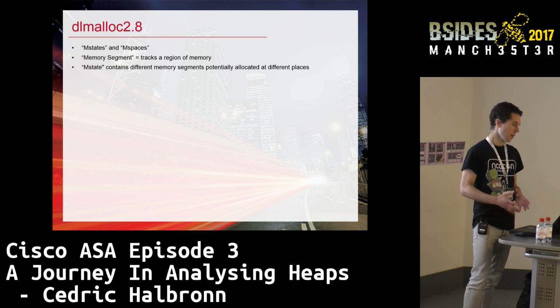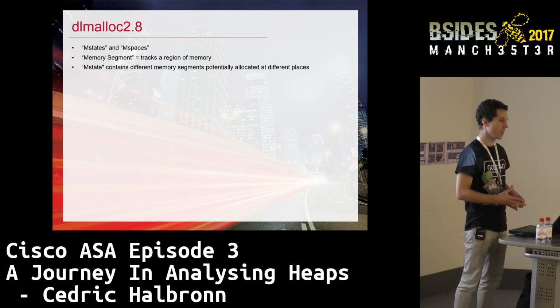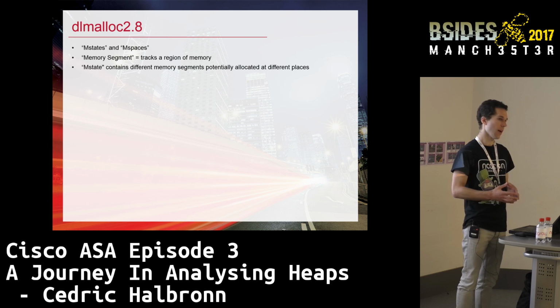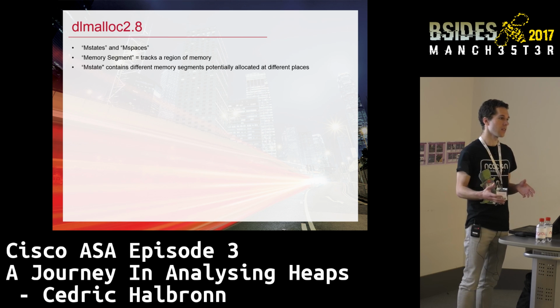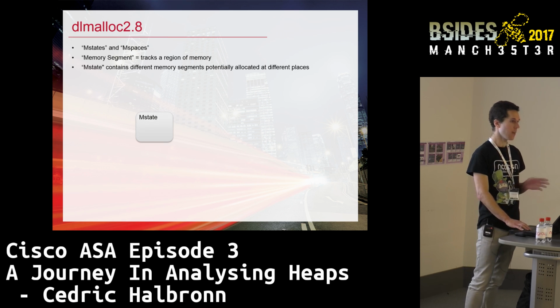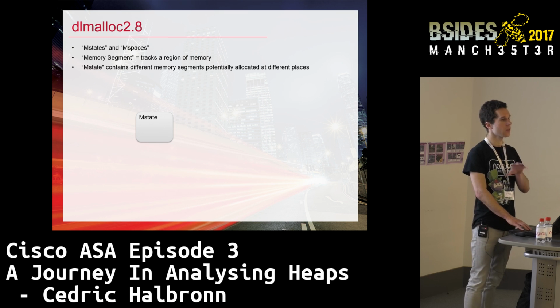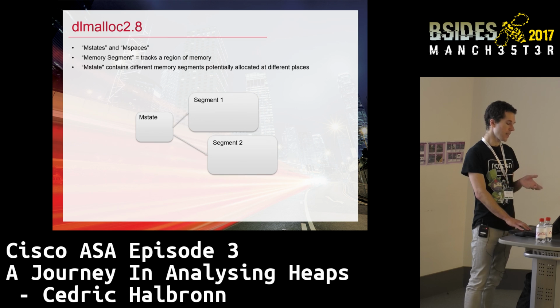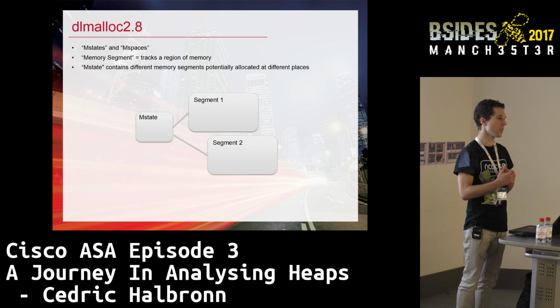Okay, so more concepts about dlmalloc 2.8, because now we know it's dlmalloc 2.8. We have this concept of mstate and mspace. Mstate and mspace are basically the memory region I was talking about that the heap allocator needs to deal with. An mstate can contain several segments.